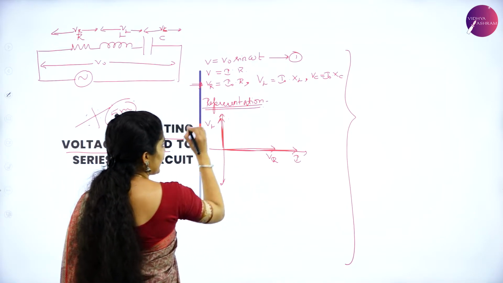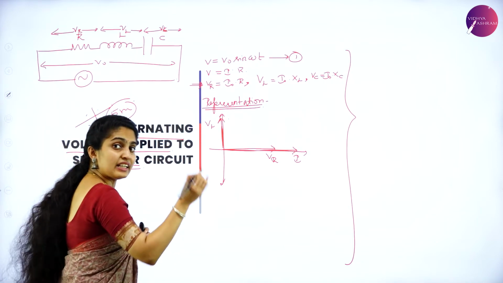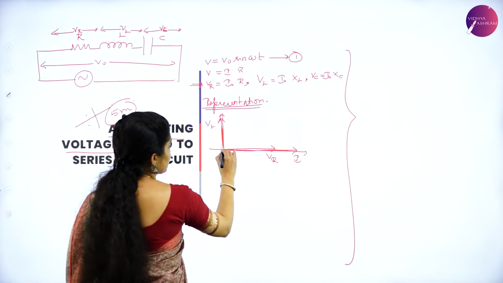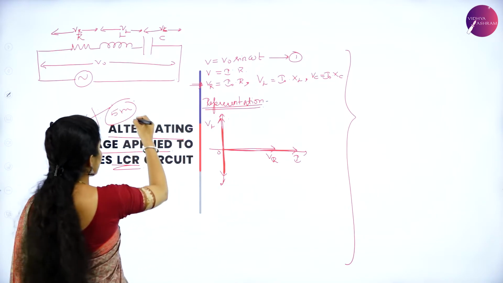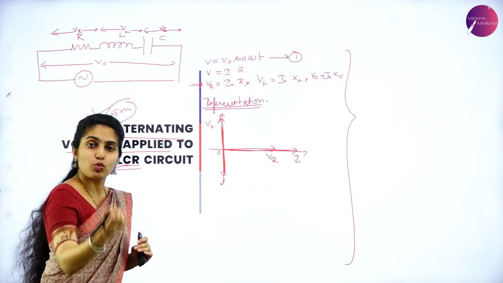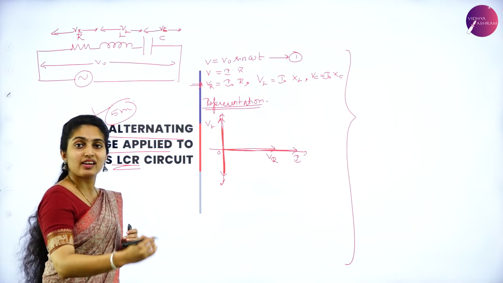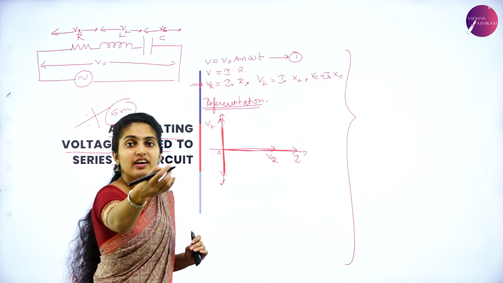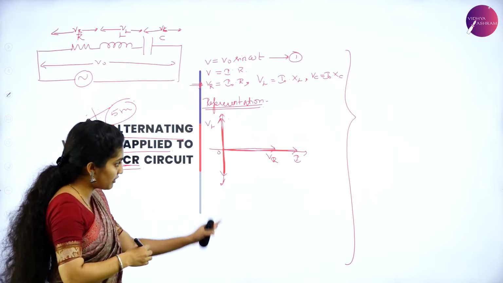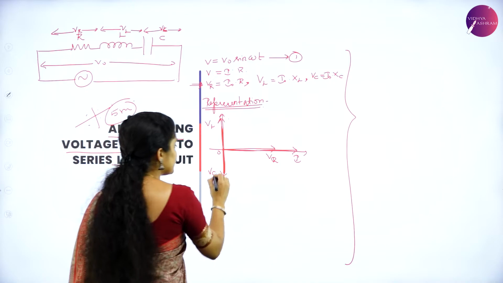So here it is VL. Similarly, with respect to a capacitor, the current leads the voltage. Whenever the alternating voltage is applied to a capacitor, the voltage lags behind but the current moves ahead, plus 90 degrees ahead of the voltage. That is why we draw this on the negative axis.